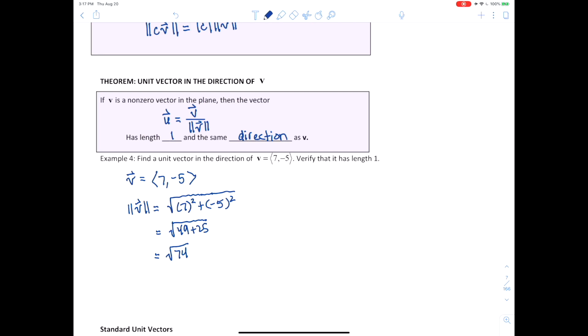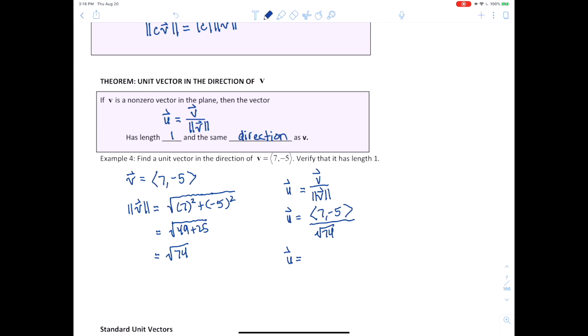So, U equal to V divided by the magnitude of V is going to equal (7, negative 5) over the square root of 74. And then oftentimes what they'll do is they'll bring it into the radical.